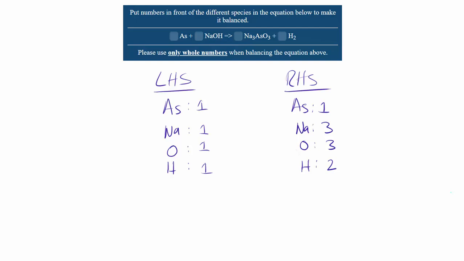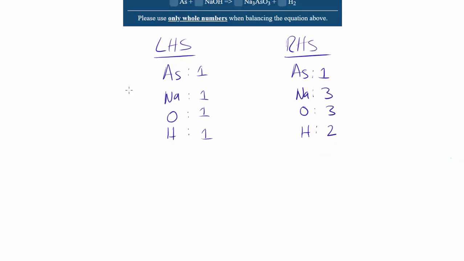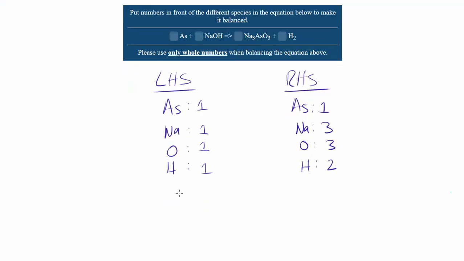So one of the first things I'm going to do, specifically in terms of the sodium, is add a 3 in front of the NaOH on the left hand side here. My goal in doing that, of course, is to try and get the sodium to be equal on both sides. So if I do that, what are we going to get?